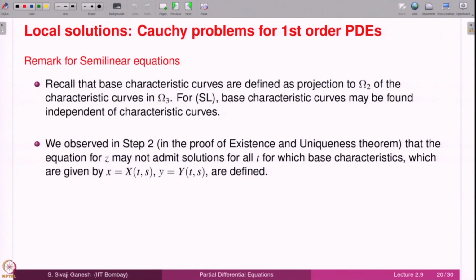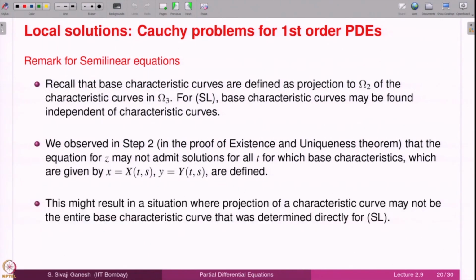So, it can even cut out some portion of these base characteristic curves. This might result in a situation where the projection of a characteristic curve may not be the entire base characteristic curve that you found otherwise. Let us assume all these curves are the longest possible ones that we have found. We will see an example, and it will be obvious. So, the next example exhibits this possibility.